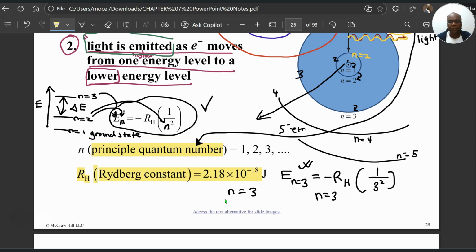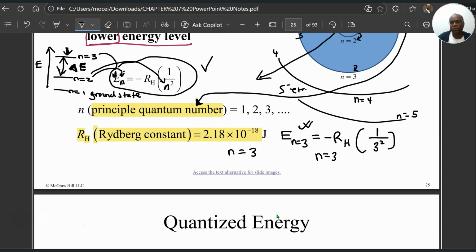So like I said, there's a calculation of the energy of a specific energy level, and there's a calculation of the difference in energy levels, for example n equals 3 and n equals 2. And for that, you don't use this one.